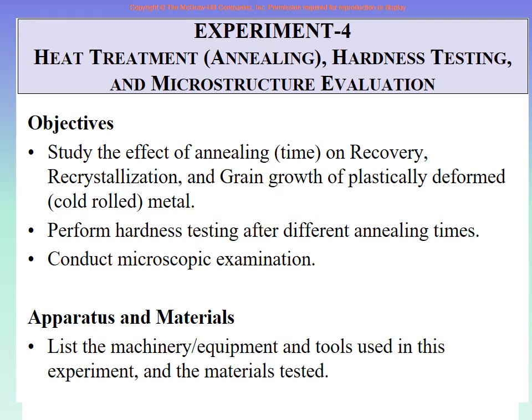So you will take that sample, and there may be more than one, and you will cut a small piece of that sample and do the microscopy. If it was extremely hard cold work, a lot of cold work, 20%, 30%, 40% cold work was done, then the microstructure, the grains and so on, what pattern do they look like?